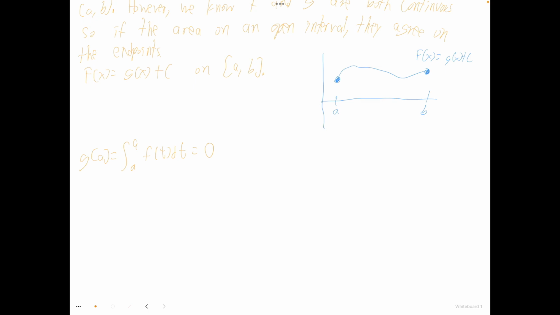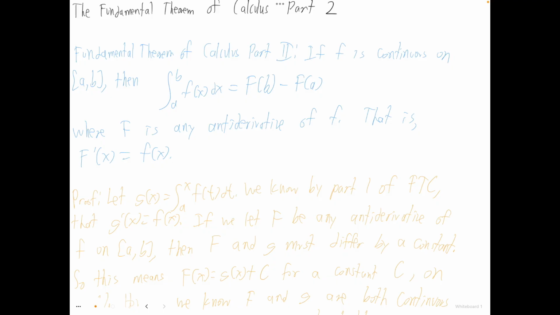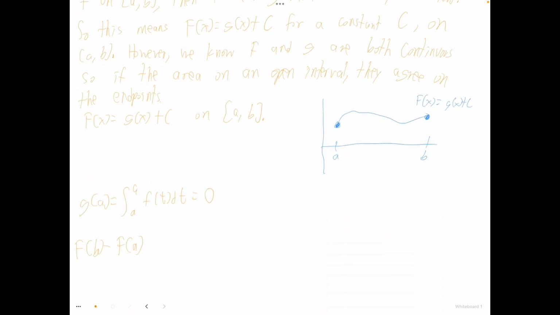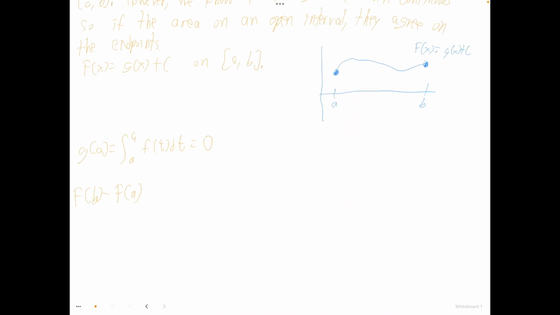And so now we're going to look at capital F of b minus capital F of a. Remember, this is the left-hand side of the second part of the Fundamental Theorem of Calculus. So we have capital F of b minus capital F of a. Well, this equals g of b plus c minus g of a plus c, just plugging in the fact that F of x equals g of x plus c.